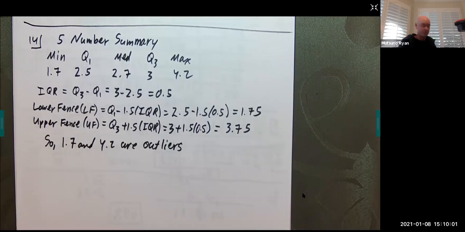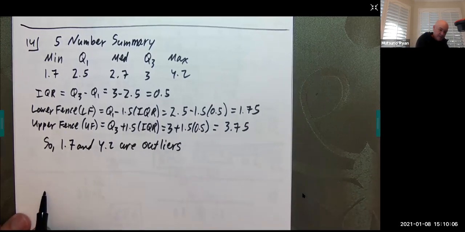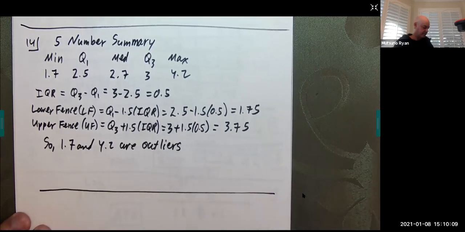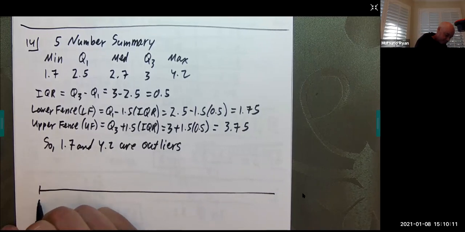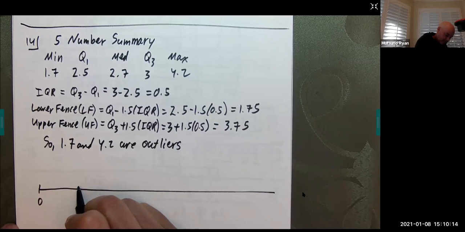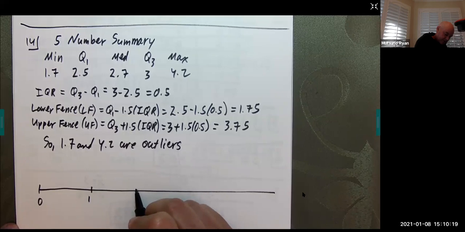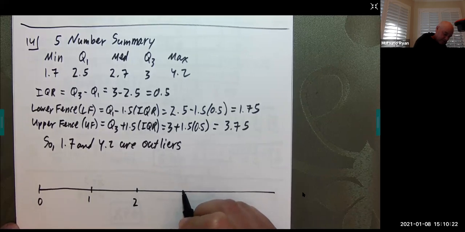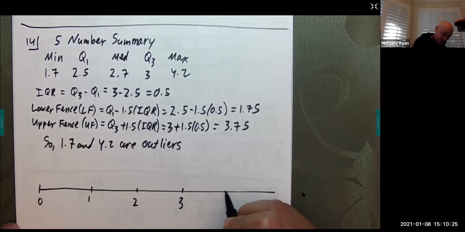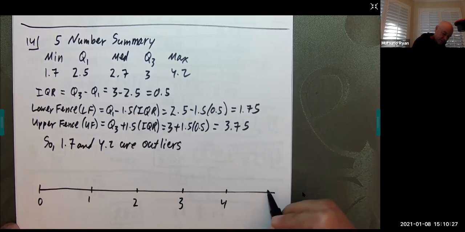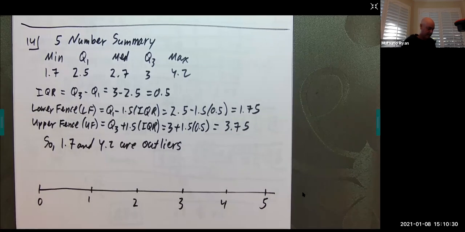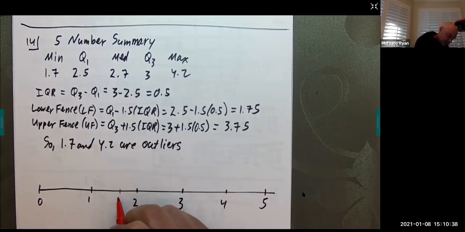Well, we're going to do a box whisker plot, or box plot they call them now. Let's make it big. 1, 2, 3, 4, 5. All right. First of all, we're going to label our outliers. 1.7 is about there.